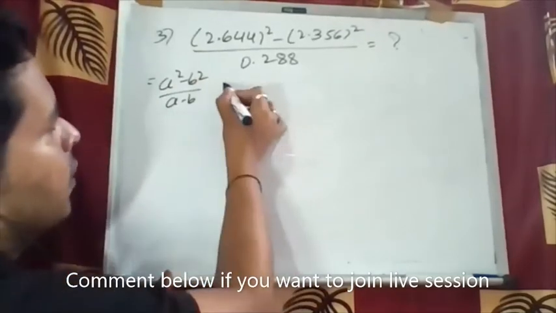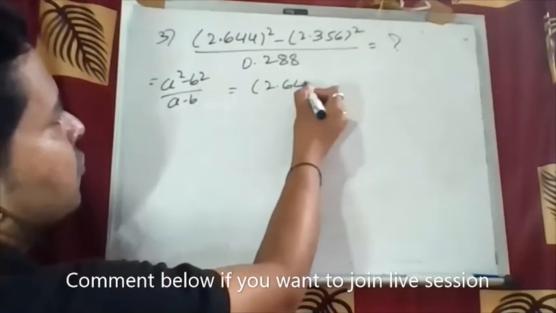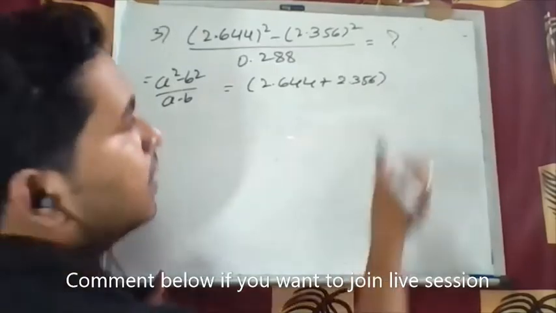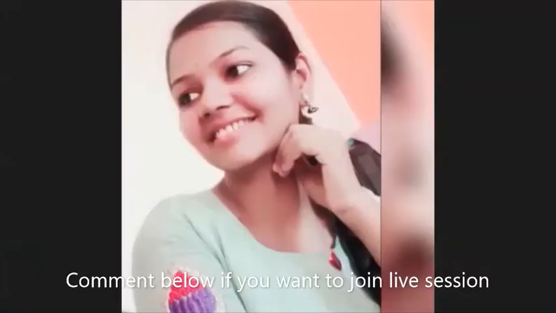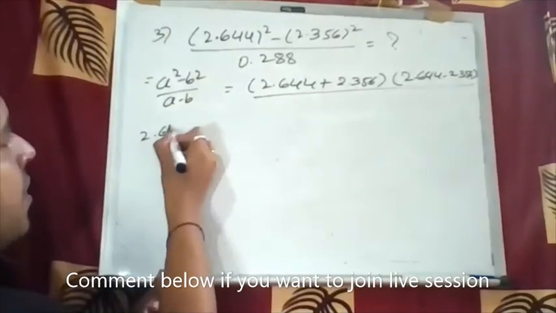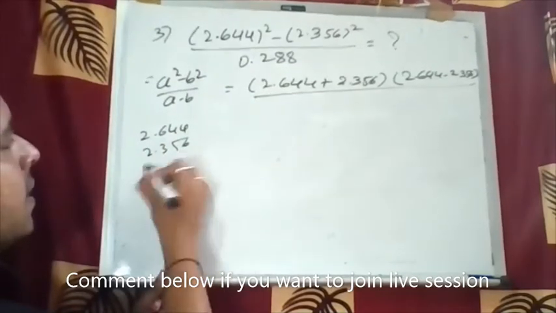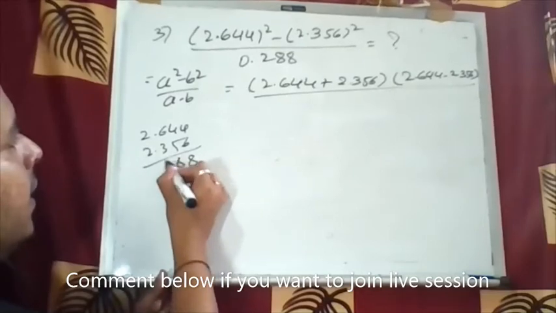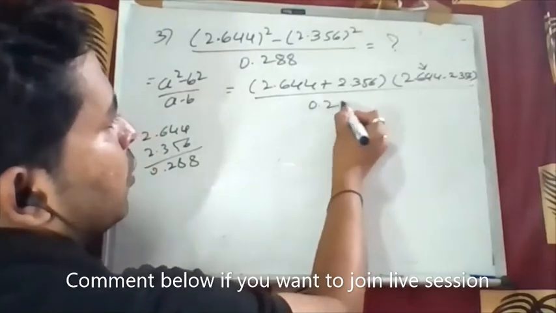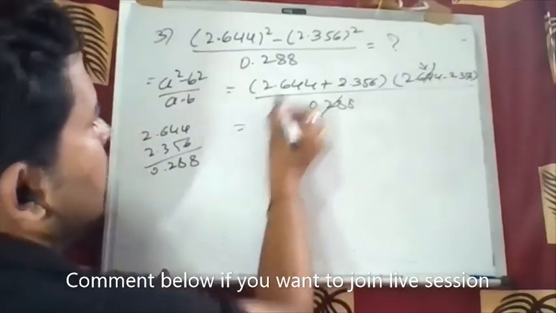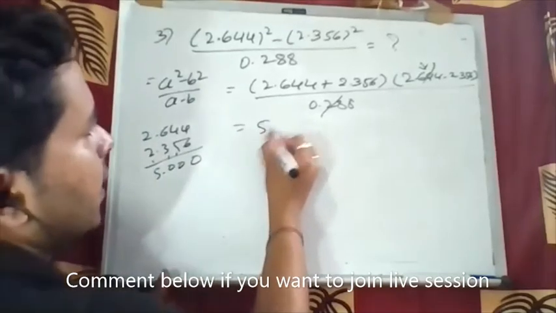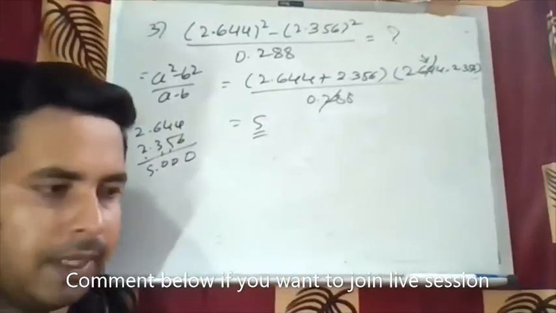Here I'll directly write 2.644 plus 2.356, and 2.644 minus 2.356. If you subtract, you get 0.288, which cancels with the denominator. Only the addition remains, so we will get the answer as 5.